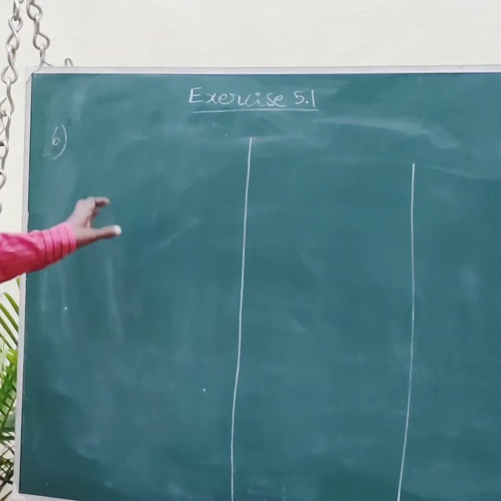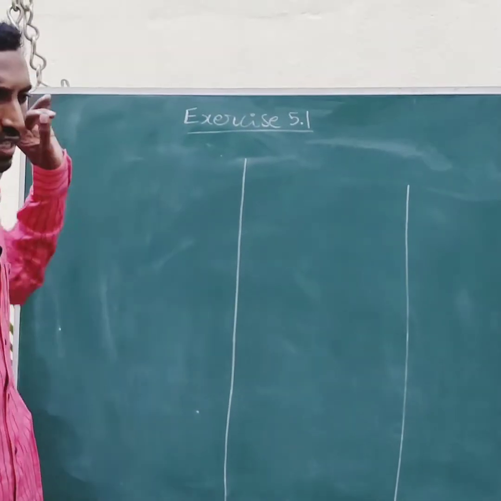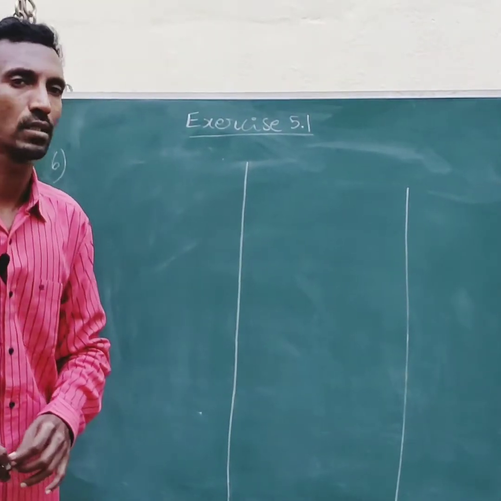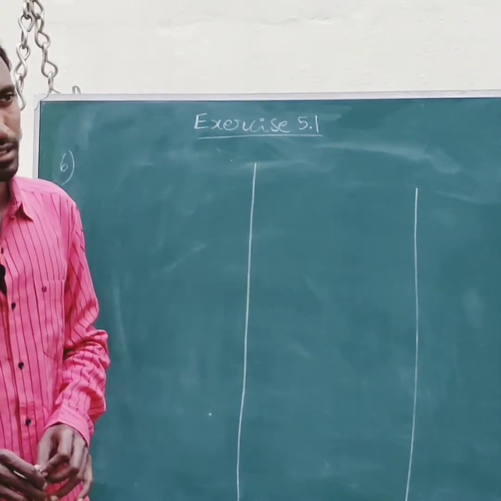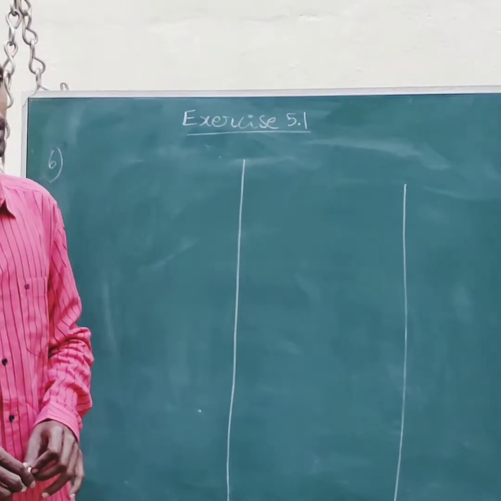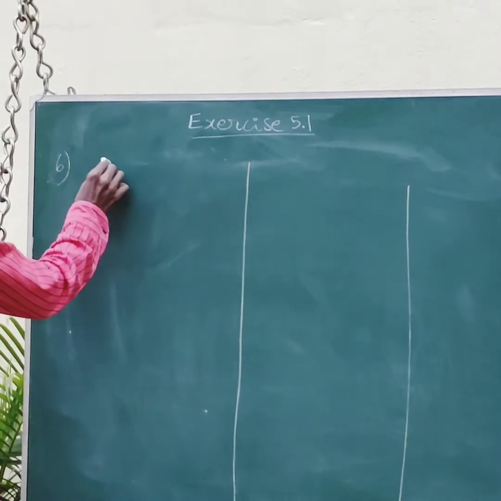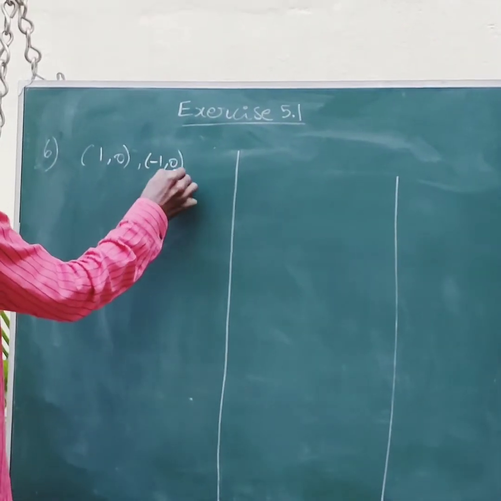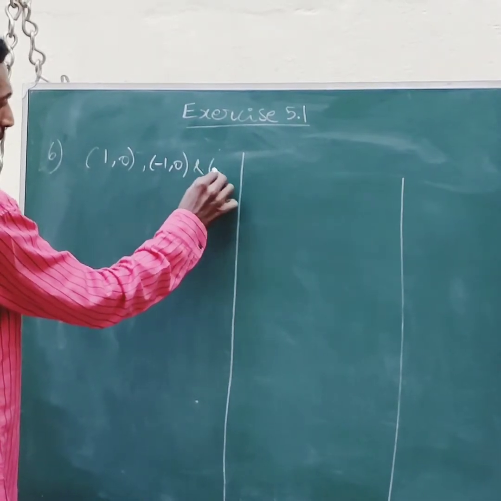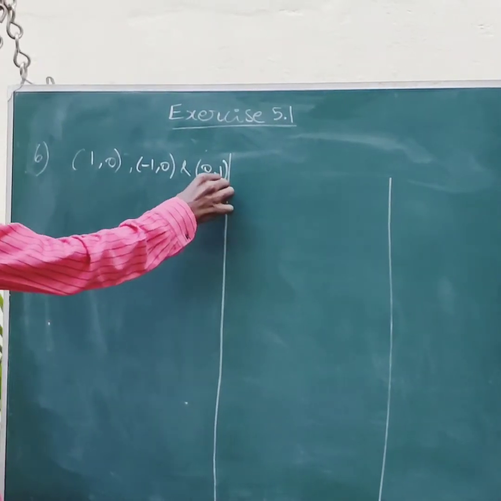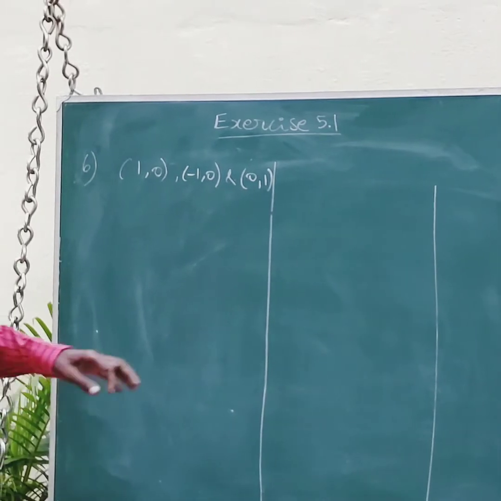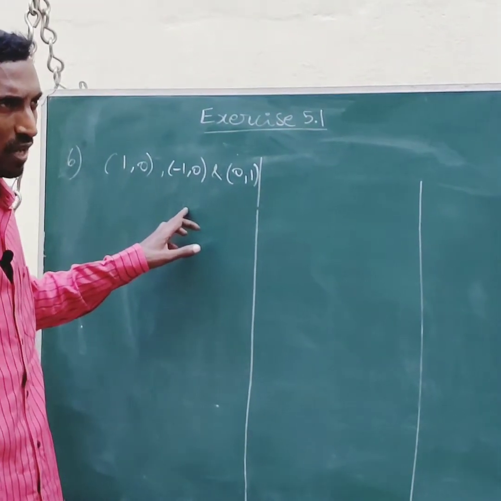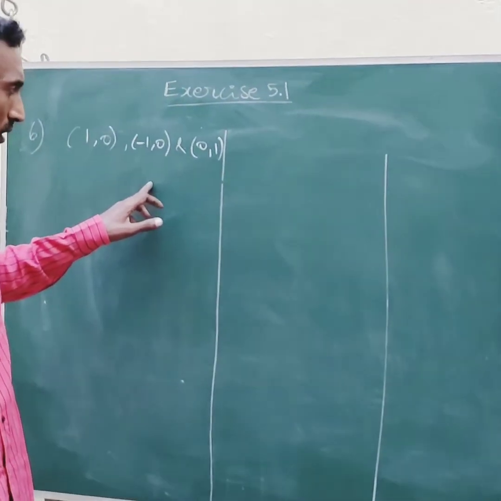Question number 6. Find the equation of the circle through the points (1, 0), (minus 1, 0) and the third point (0, 1). A similar problem is present in the textbook, I think example number 5.10, page number 178.